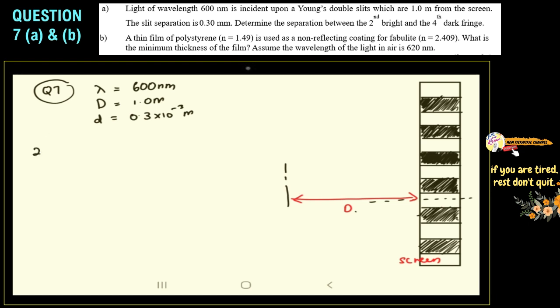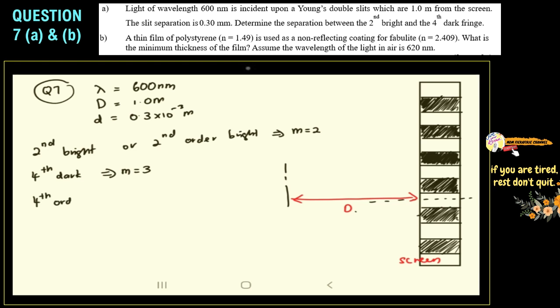When the question says second bright, or second order bright, it is easy, m is equal to 2. But when the question says fourth dark, for double slit we must subtract 1. Fourth dark, m is equal to 3. If the question says fourth order dark, m is equal to 4.